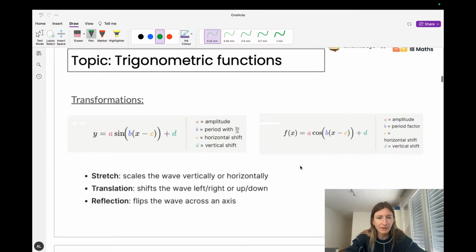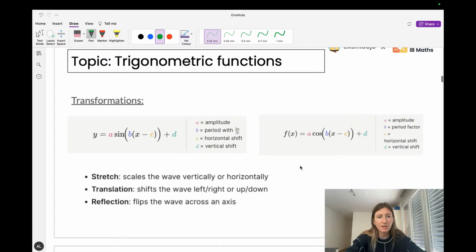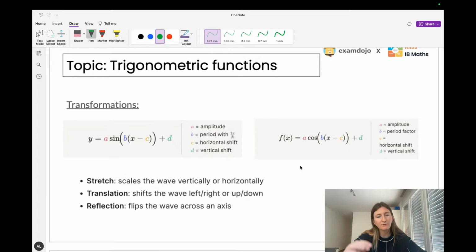All right, so my question at the beginning was asking about the general form or standard form of a sine or cos graph, and here it is. These are our parameters. So we have A for amplitude. We already talked about that. That's half the distance of the wave from top to bottom.